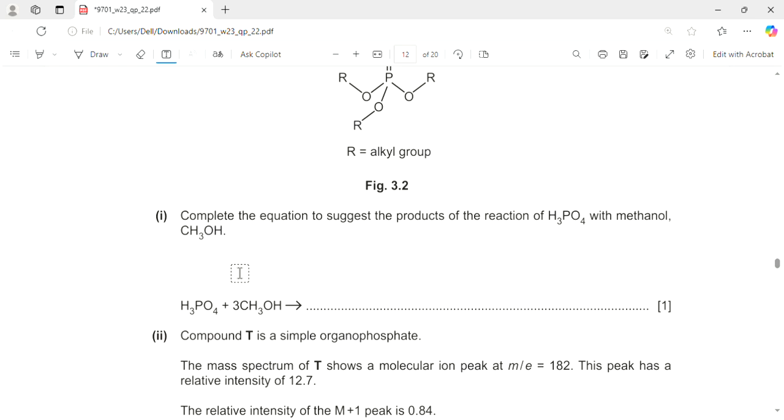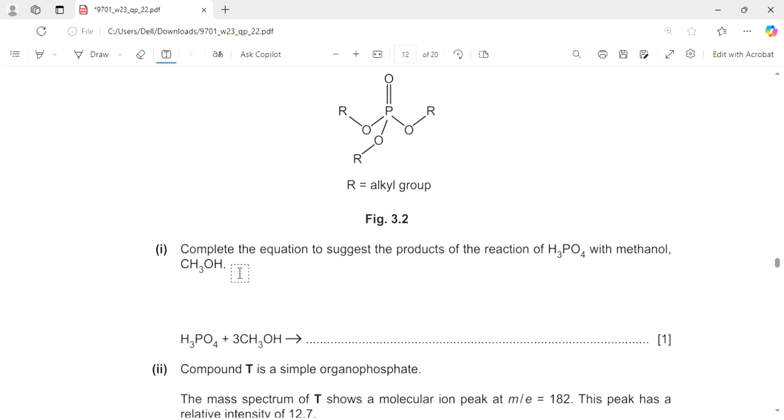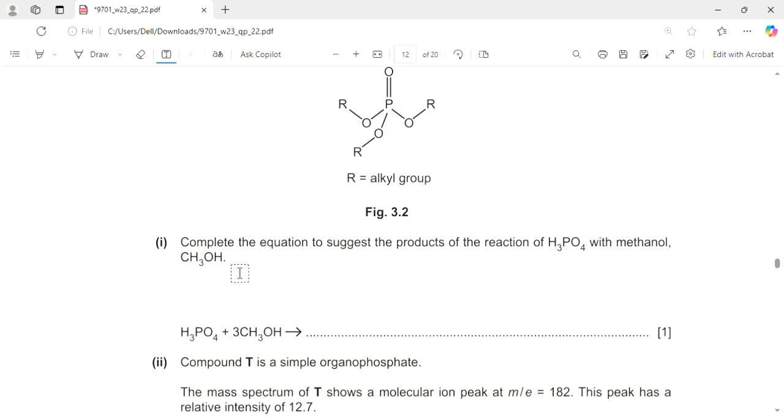Complete the equation to show the products of the reaction with methanol. So what will be produced? The compound produced is (CH3O)3PO4.